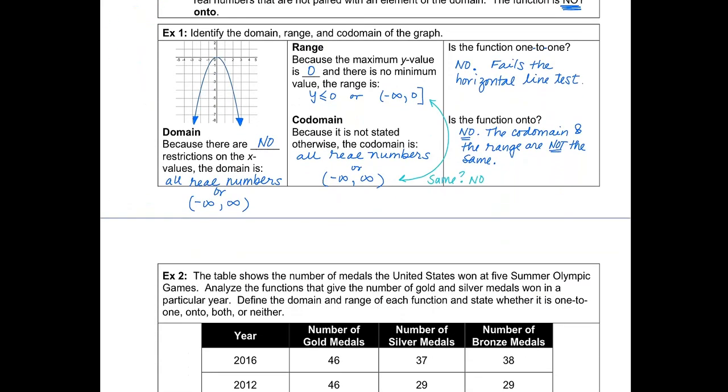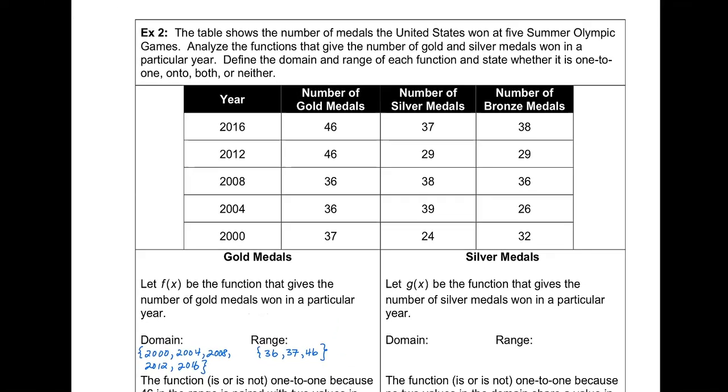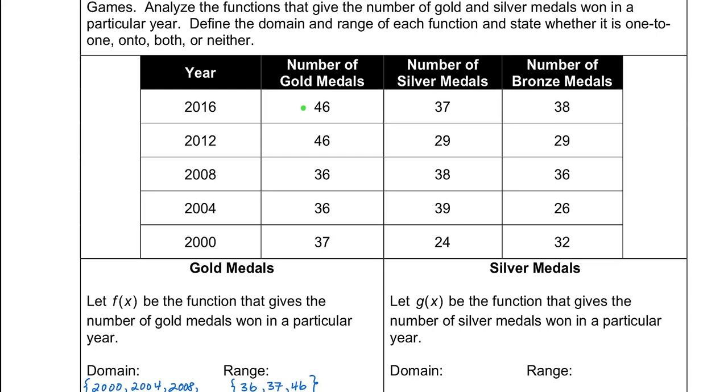So let's come back down here and go through the range. Is 46 paired with exactly 1 number in the domain? No, because 46 is actually also paired with 2016 and 2012. So it's actually paired with more than 1.